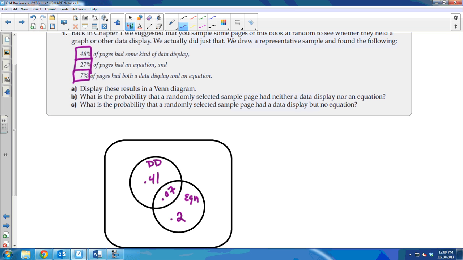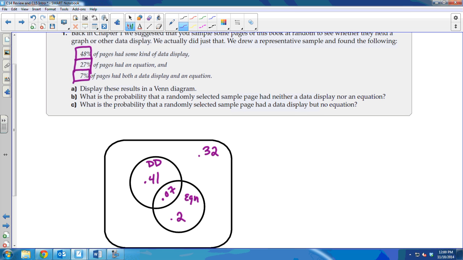But that does not add up to 100%. So we get what? 0.32. All right, so here's our Venn diagram.